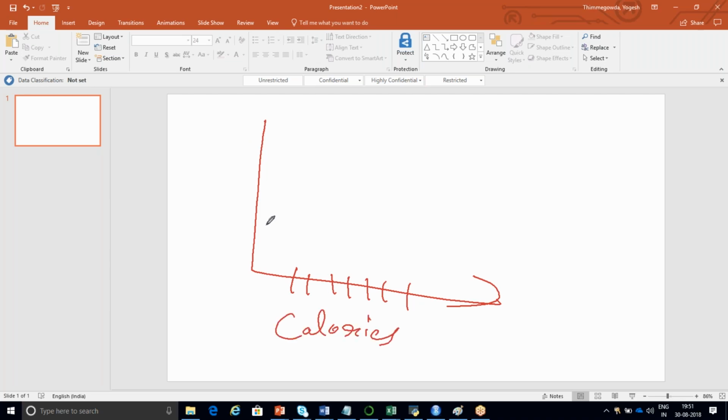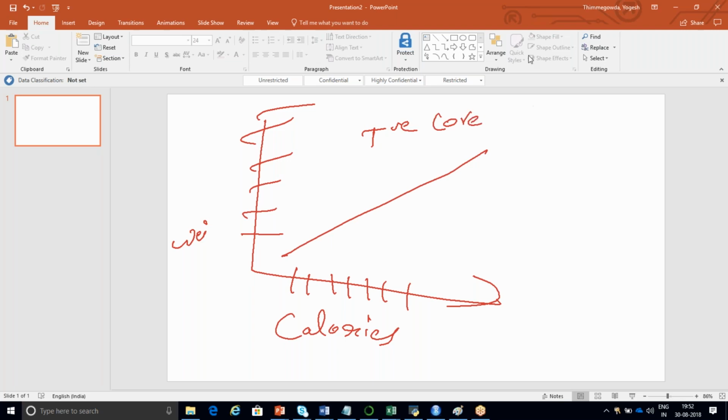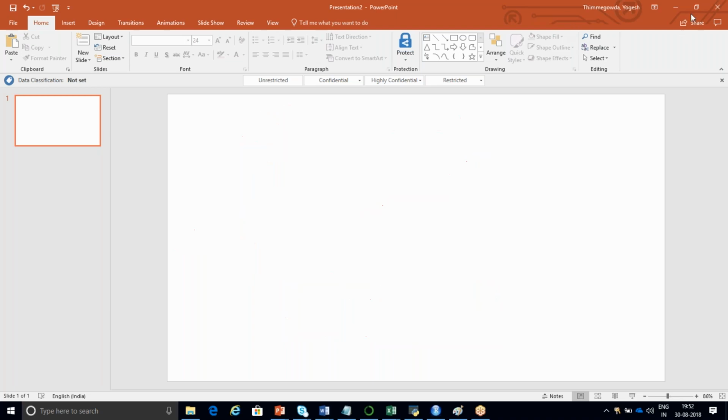Intake of calories will increase your weight. So this is your positive correlation. Savings increases, interest rate increases. Okay, not exactly, because when you talk with respect to inflation, your savings will become zero. Fine, it's a good example.